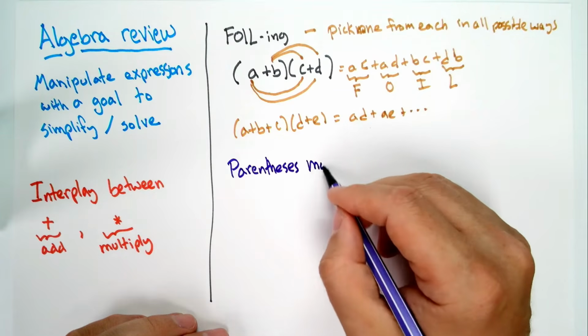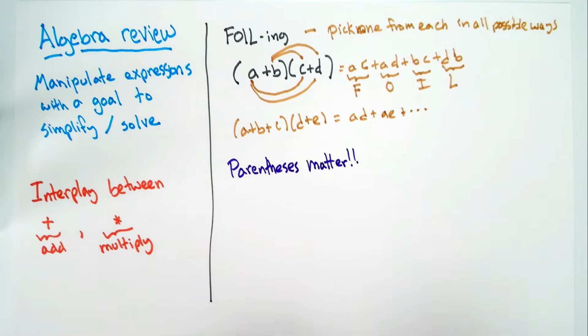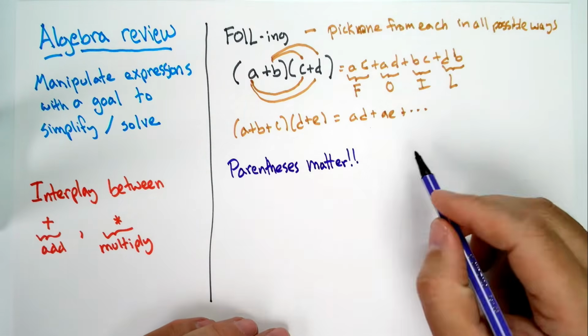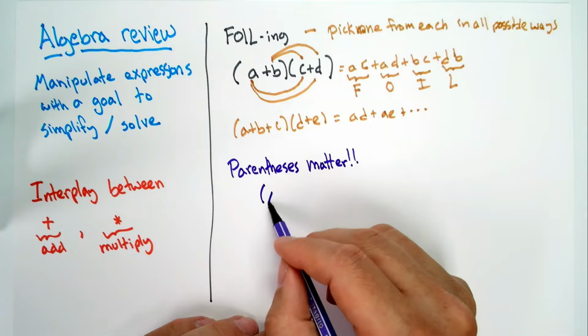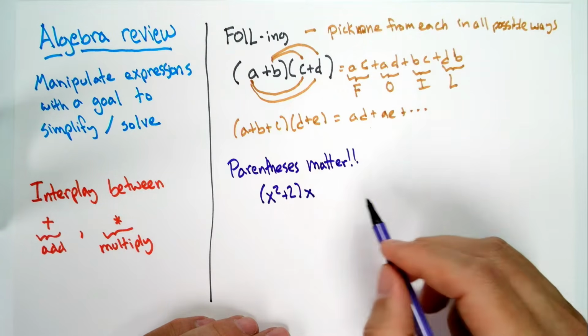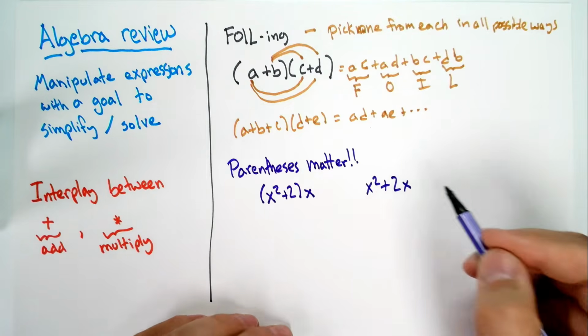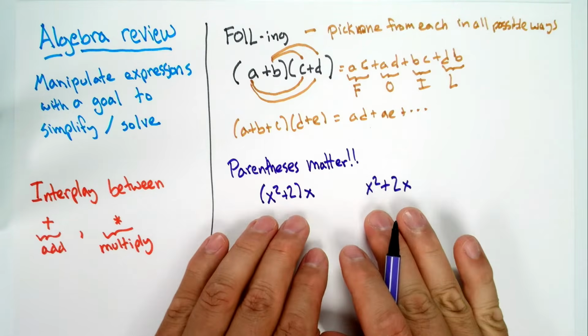If you don't pay attention and you just drop them, then you might accidentally lose some meaning in your expression. So what do we mean? Compare the expression x squared plus 2 times x versus x squared plus 2x. You'll notice all the symbols are the same.